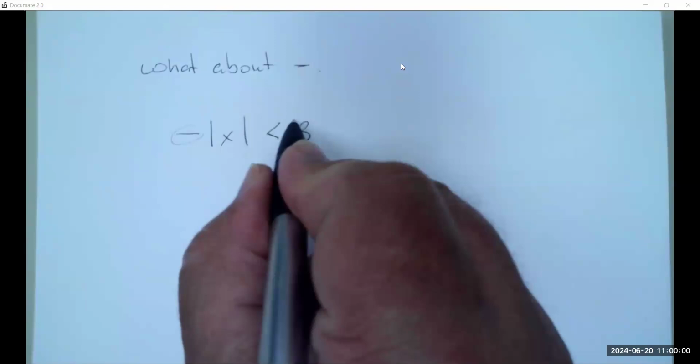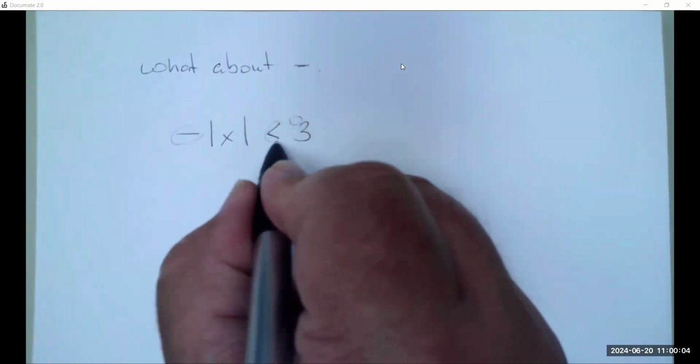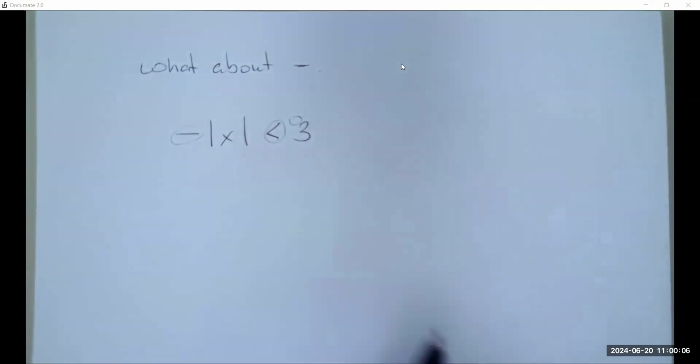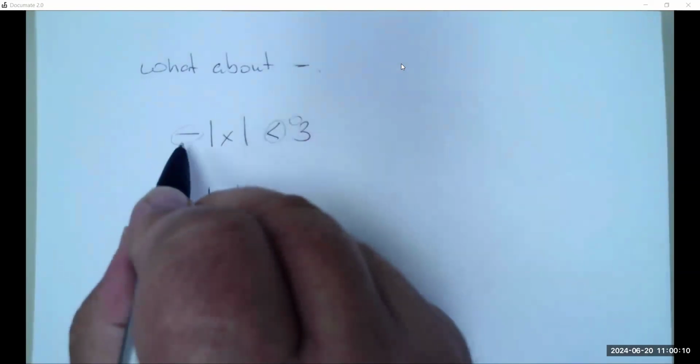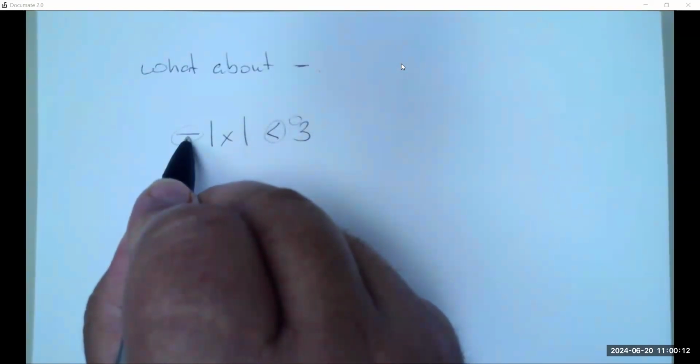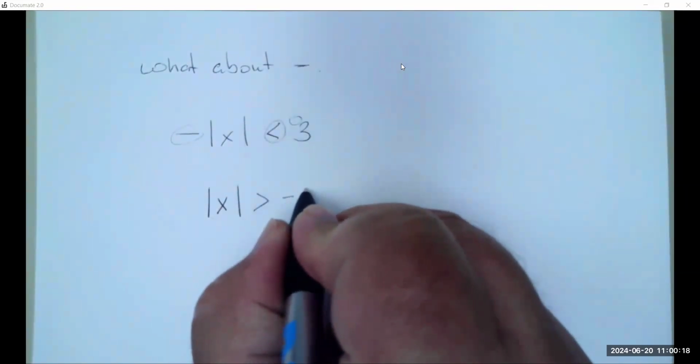So we have to change the signs. The absolute value of x, everything's got to change. That negative changes to positive. This one changes to greater than, and that one changes to -3.